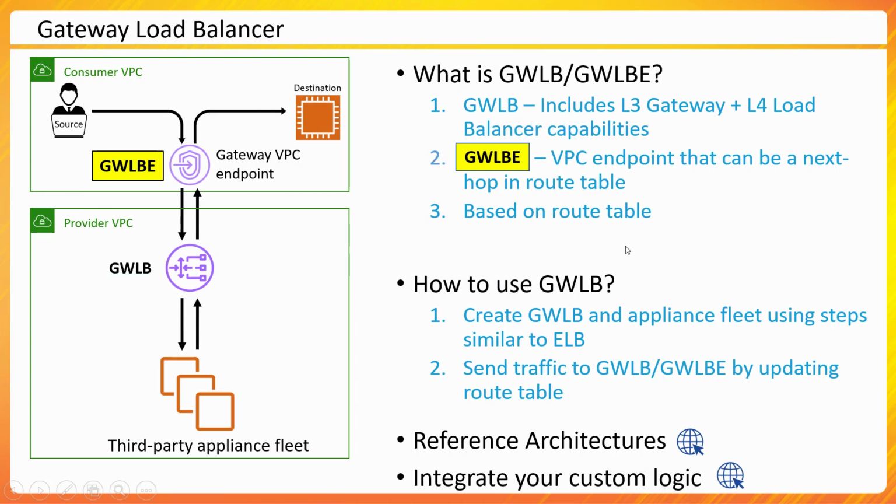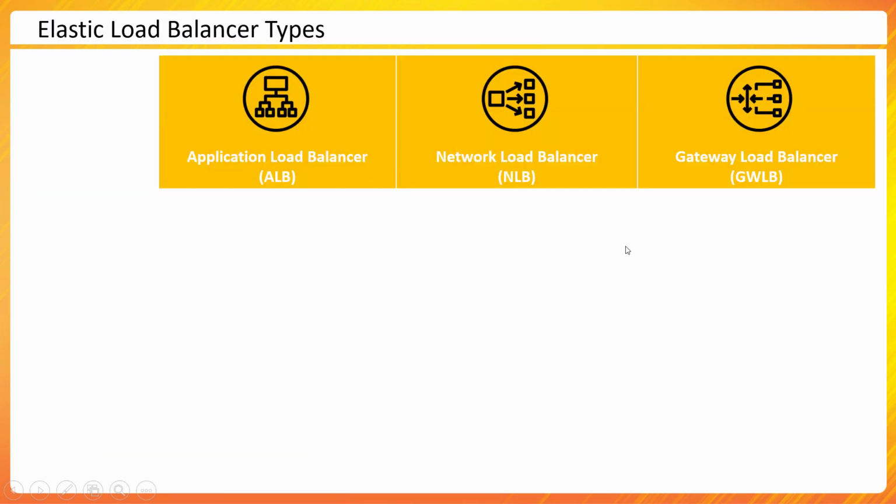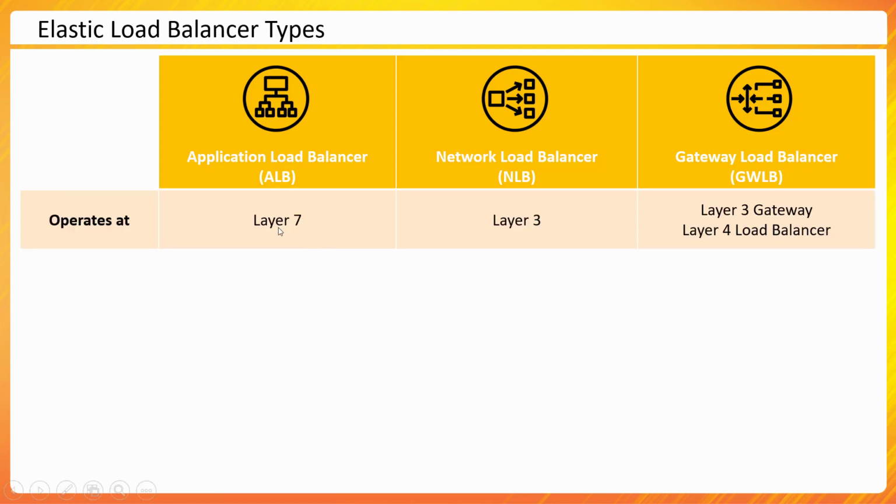Now let me summarize this discussion by comparing all three. We did comparison of ALB and NLB before, but let's now compare GWLB also along with both of them. So application load balancer operates at layer 7, network load balancer at layer 3, and my gateway load balancer has layer 3 functionality for gateway and layer 4 functionality as a load balancer.